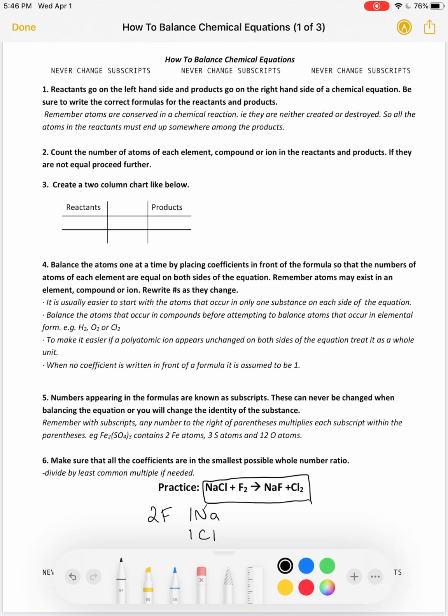Okay. And on the right side, we have 1 sodium, 1 F, and 2 chlorines. So as you can see, we've got an imbalance of chlorines and fluorines here, which is not good. If we were to leave this equation as is, it would be unbalanced, and it makes it seem like we're losing fluorine atoms and we're gaining chlorine atoms.